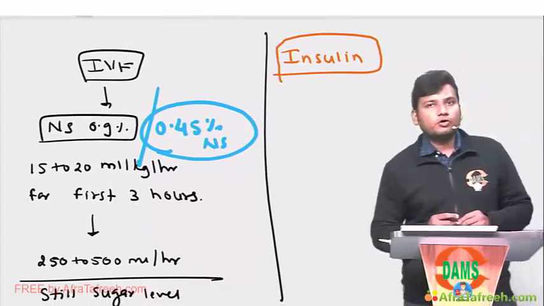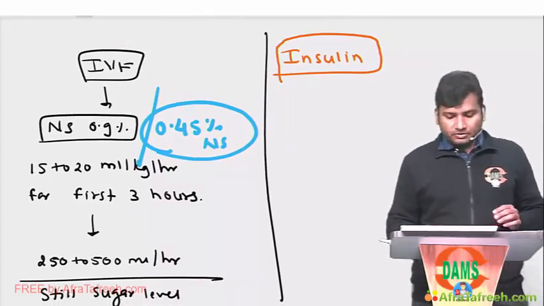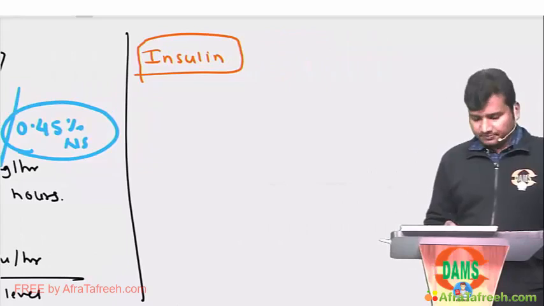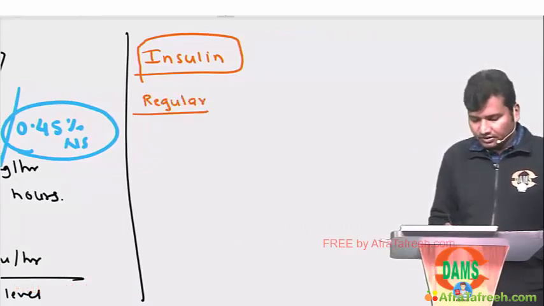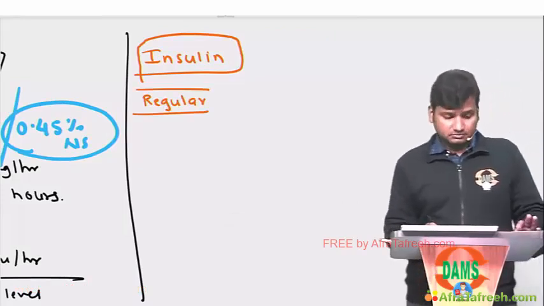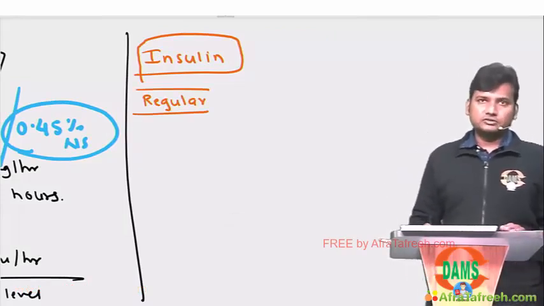In a patient of diabetic ketoacidosis, we give insulin, and generally we prefer regular insulin, or you can say short acting insulin.